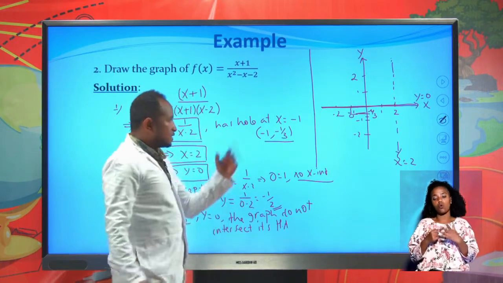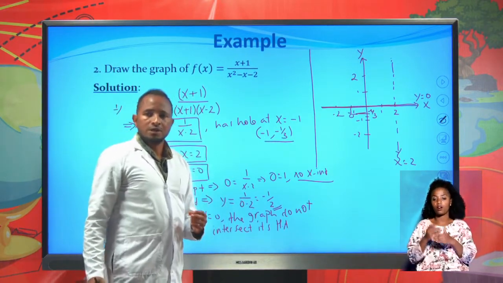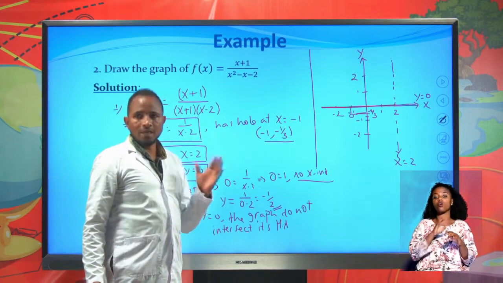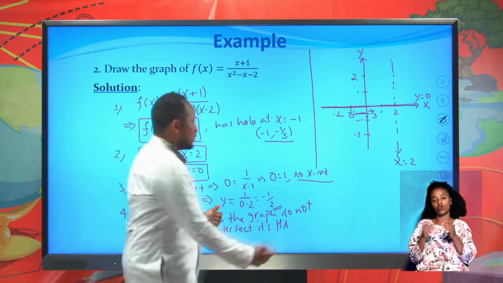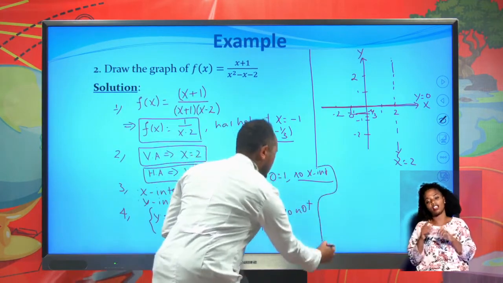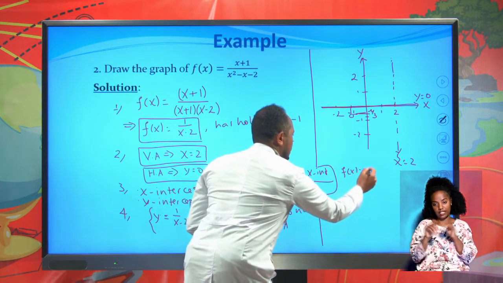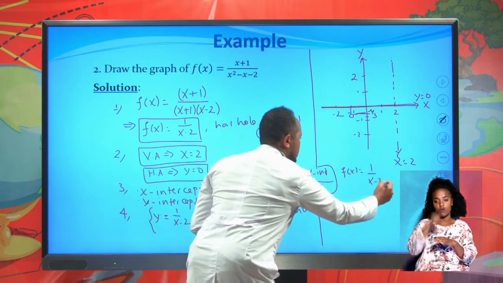After this, what you do is see the behavior of this function near 2 from the right and from the left. Our function is f of x equals 1 over x minus 2.